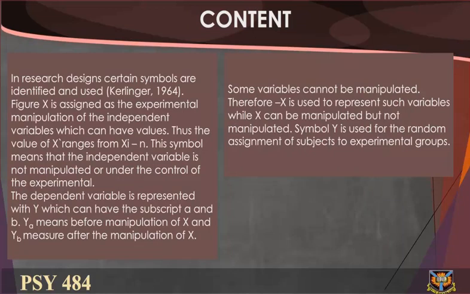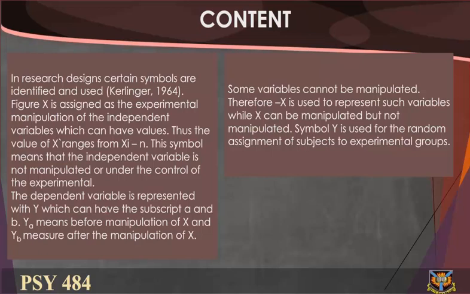Content. In research designs, certain symbols are identified and used (Kerlinger, 1964). The letter X is assigned as the experimental manipulation of the independent variables, which can have values. Thus, the value of X ranges from X1 to Xn.